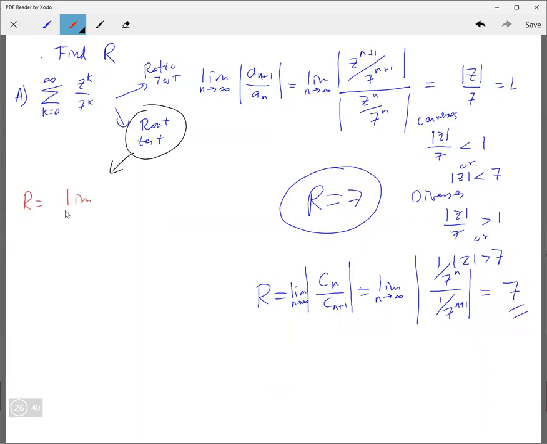So, limit as k goes to infinity of 1 over the kth root of the modulus of c k. Which right here, what's c k? What's the coefficient of this?